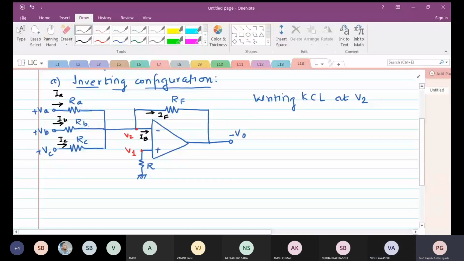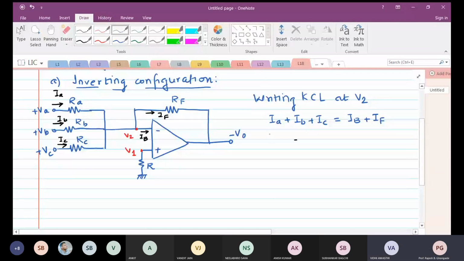So IA plus IB plus IC is equal to IF plus the bias current. The sum of currents flowing into the node is equal to the sum of the currents flowing out of the node. That is the basic KCL, right?